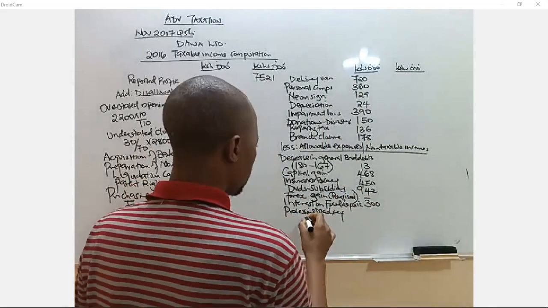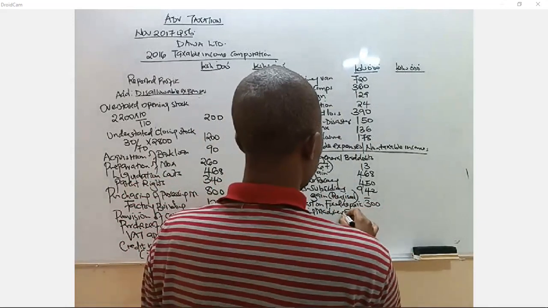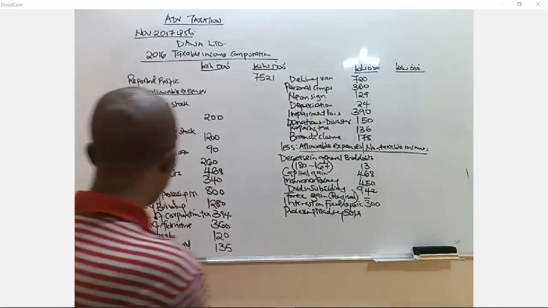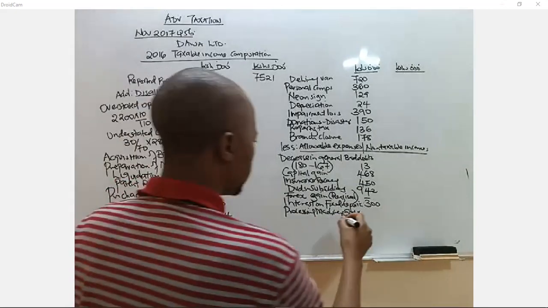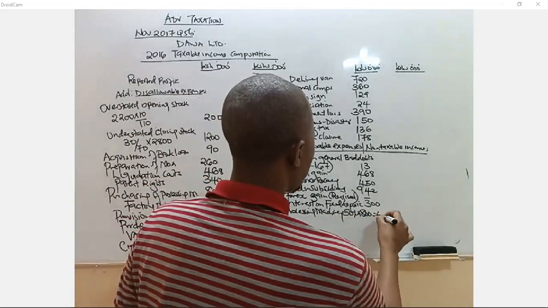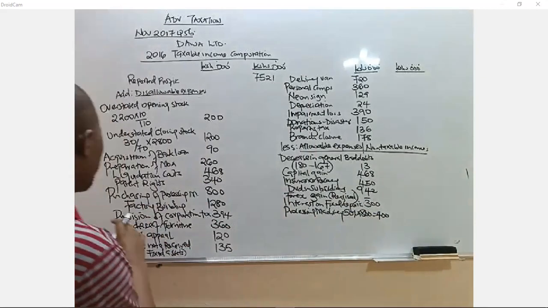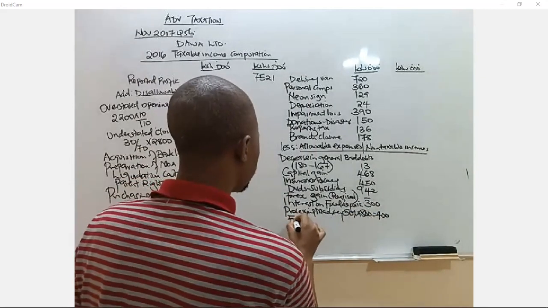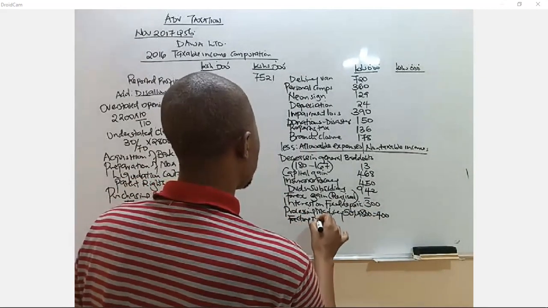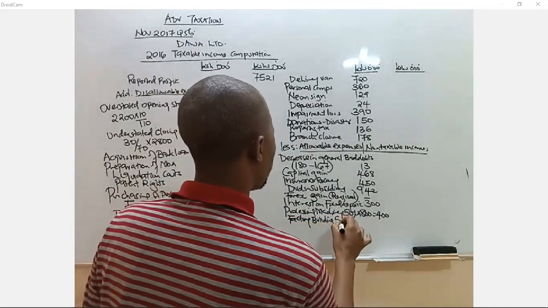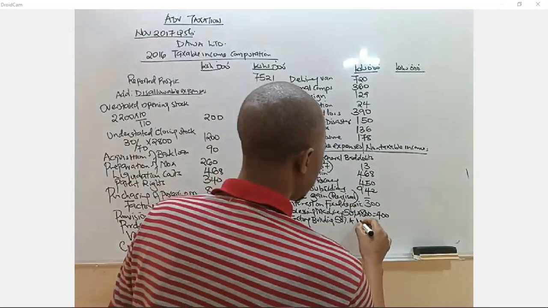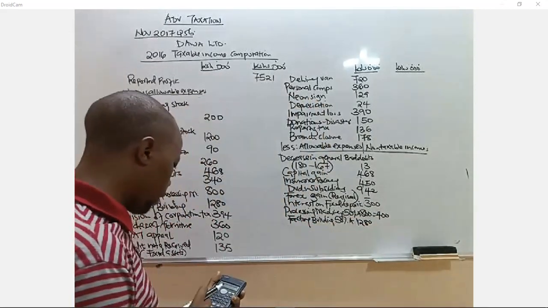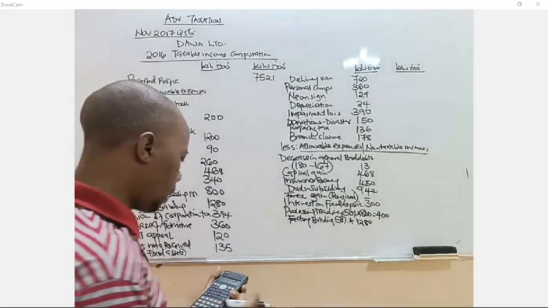The rate you know very well is 50%. 50% of 800, which I started with as the purchase of processing machinery. Now this is 400. The next one we have is the factory building. 50% of our factory building is 1280. So 0.5 times 1280 amounts to 640.